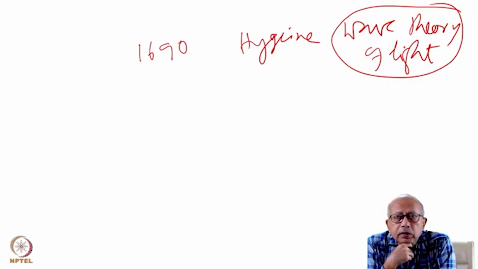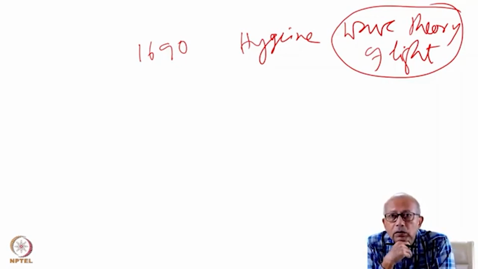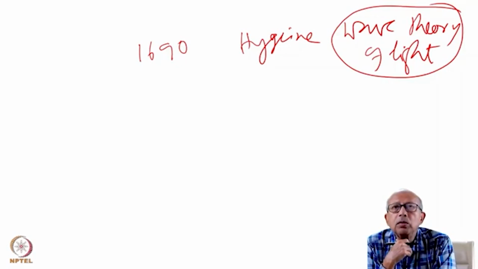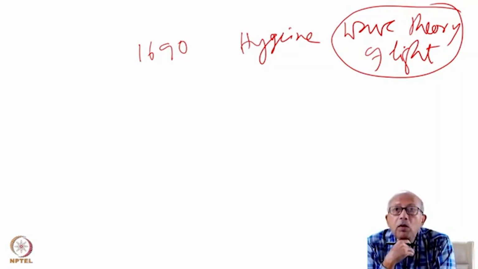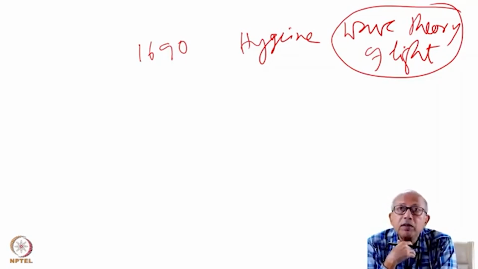Newton's authority was so pronounced in the scientific world that nobody could challenge this corpuscular theory of light for almost three quarters of a century after his death, until Young performed this famed experiment.